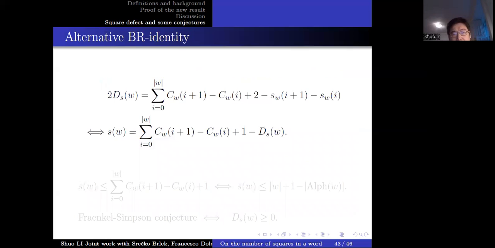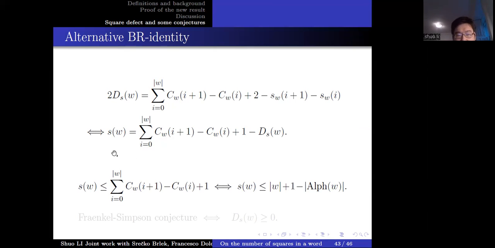But if we reformulate the square defect, the square BR identity, a little bit, we will get an equation like this. And if we want the square defect to be positive, then we expect that the number of squares should be upper bounded by this number.